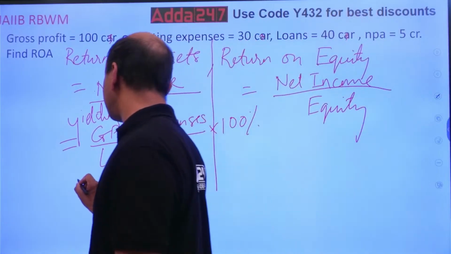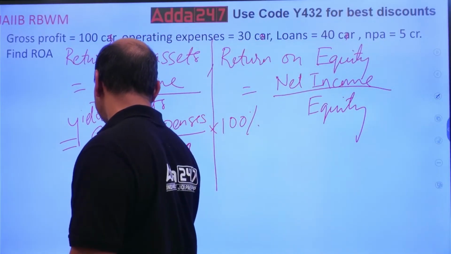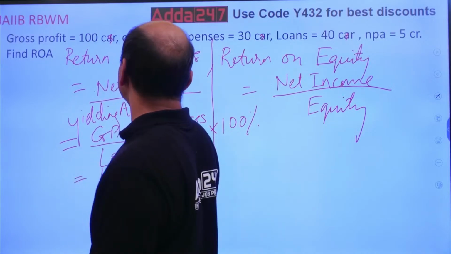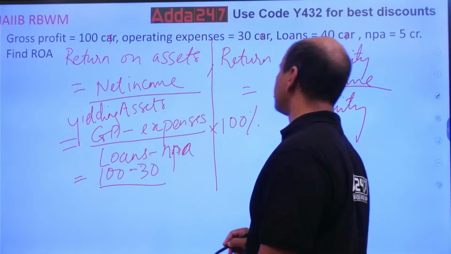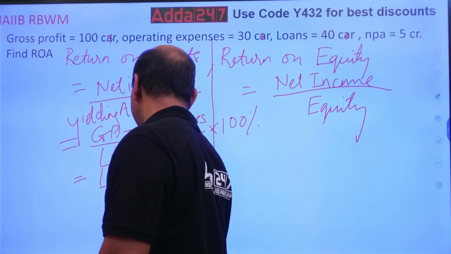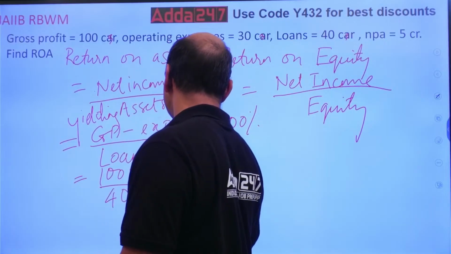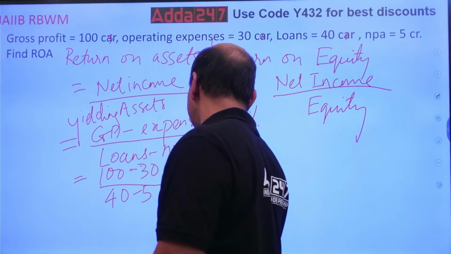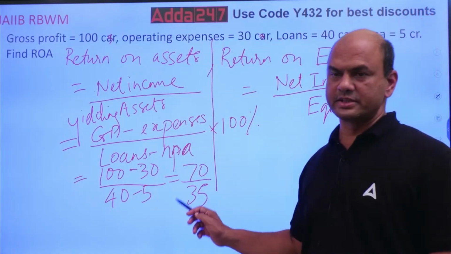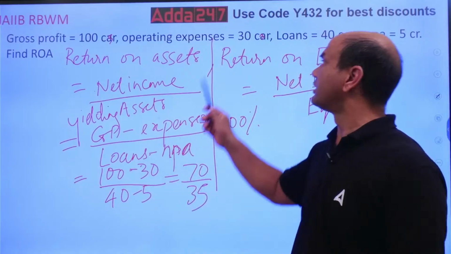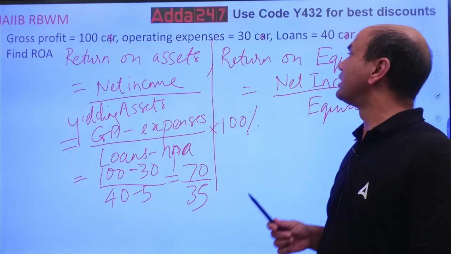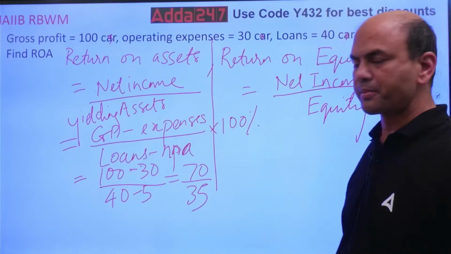Give me the answer. 100 minus 30, divided by 40 minus 5. So 70 upon 35. That is gross minus operating expenses upon loans minus NPA.